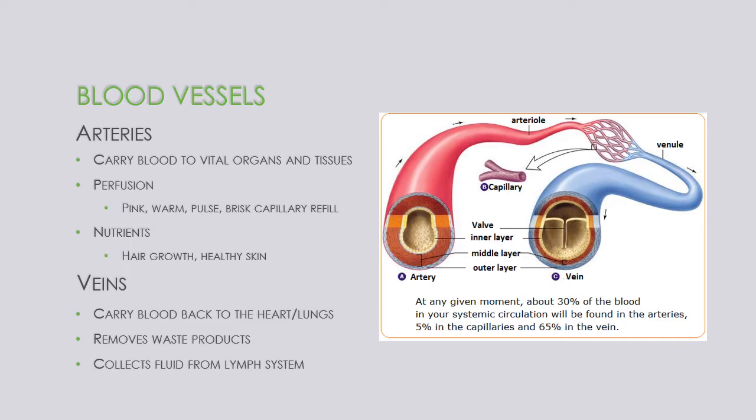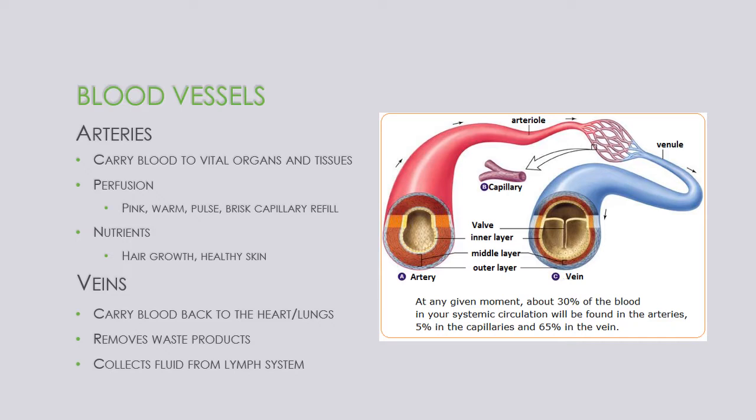These are high pressure vessels on the exit portion of the pump that carry blood to the capillaries so that it can perfuse cells. So when you think about the arteries, they're really responsible specifically for perfusion. And it's the artery that you compress against a bone or a solid structure in order to feel a pulse.